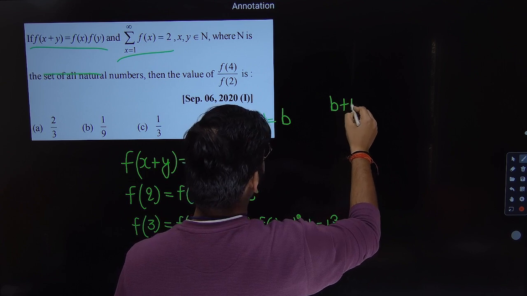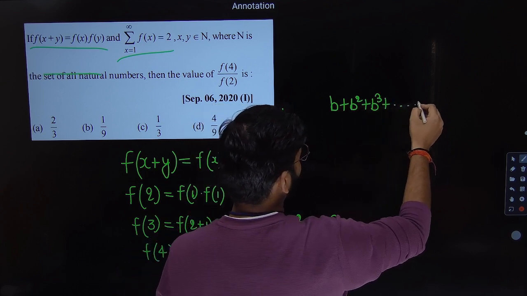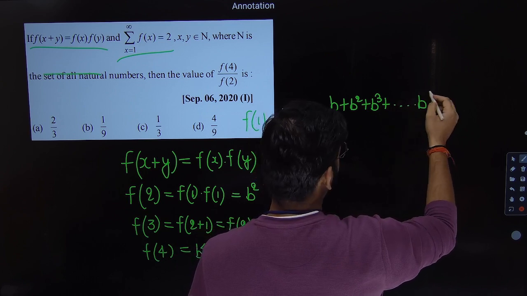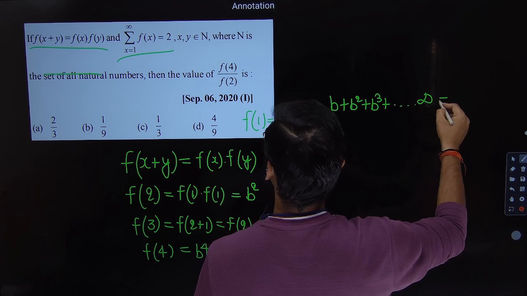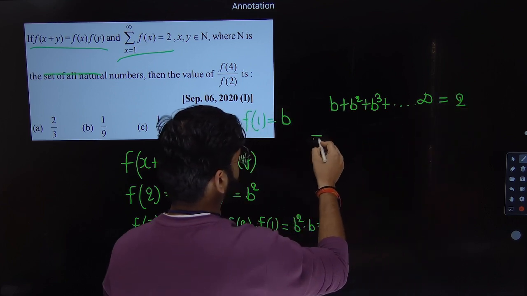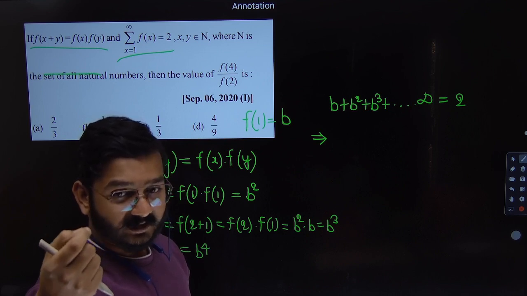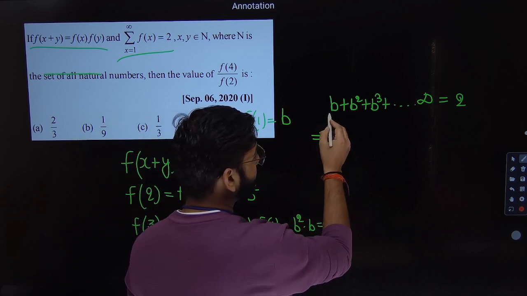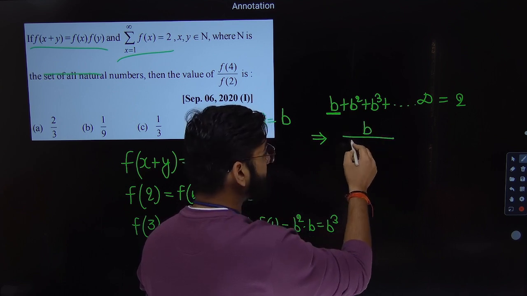So b plus b square plus b cube till infinity. What is the sum given? 2. So what is the formula for infinite GP? A divided by 1 minus R. What is A? First term is b itself. What is R? b only.